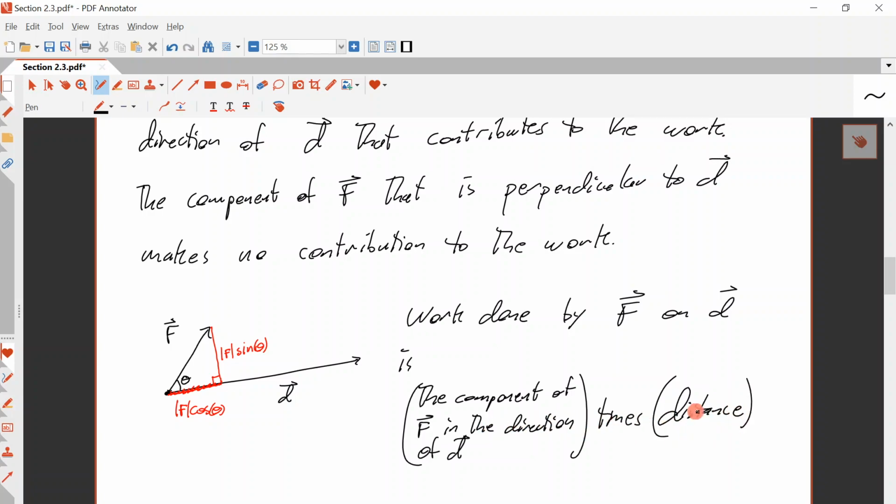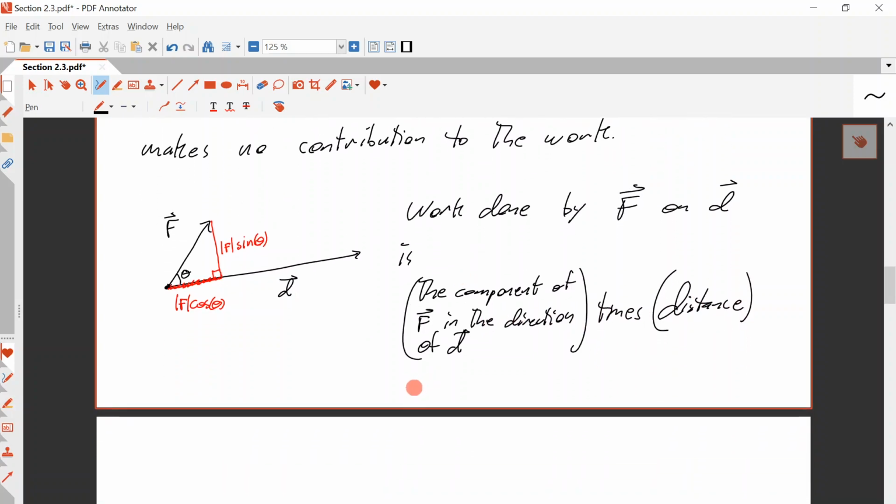So it's force times distance. So in this case, it's equal to the size of F times cosine theta times the distance moved, length of D, which is just equal to F dot D. So it's just the dot product.